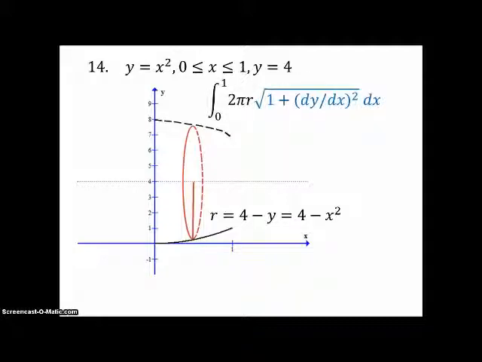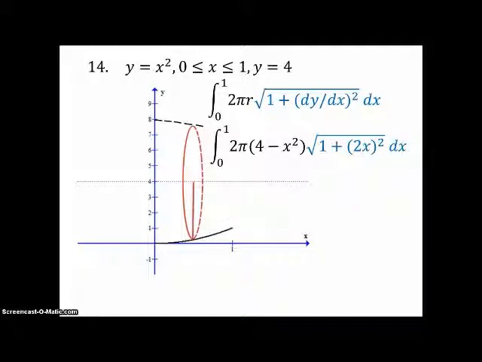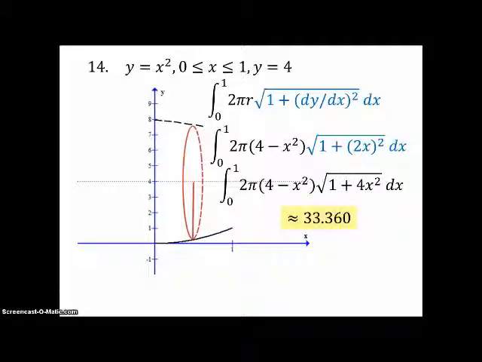So there's our integral if we want to use the x-axis, 2 pi r ds from 0 to 1, and if we're doing it in terms of x, then the radius has to be 4 minus x squared, and dy/dx is the derivative of x squared, which is 2x, and there it is simplified. Now that integral maybe you could do by hand if you split it into 2 and use trig substitution twice. Let's not. There's the approximation from the calculator.